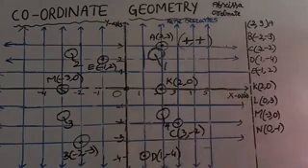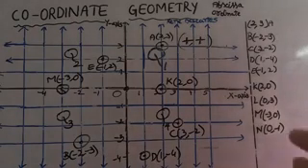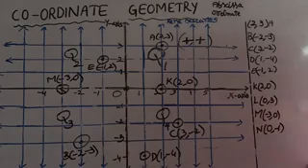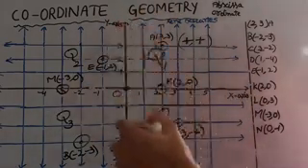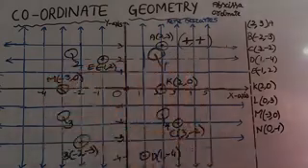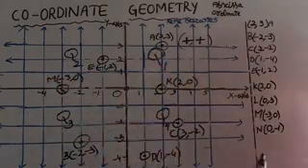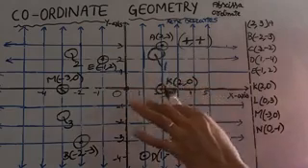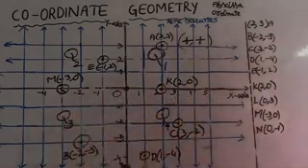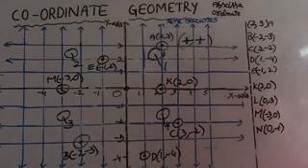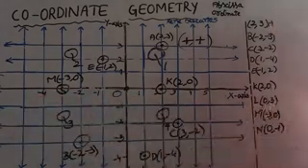All those points lie on the axis, not in the quadrants. Quadrant means only these four regions. If both are nonzero numbers, then only those points lie in the quadrants. So if the y-coordinate is 0, those points always lie on the x-axis.